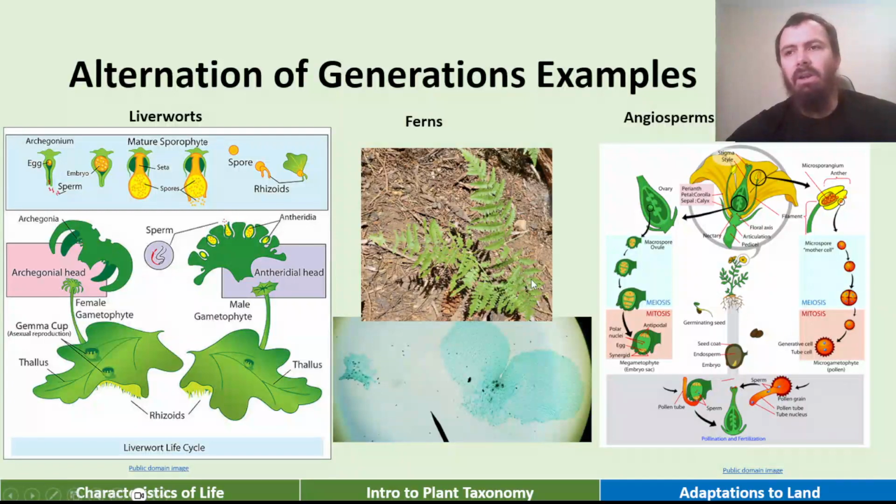So it's very different, and we're going to go into more detail on that. I don't expect you to know all of that right off the bat. But it's very different from these two. Not fully separate individuals. The gametophyte is not nearly as long-lived and is kind of different from what it is in the non-seed plants.